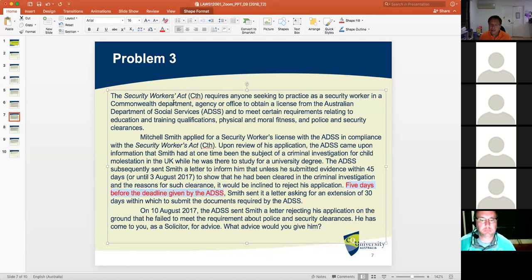But where do I see that the ADSS refused extension? Ah, very good. Is it there? No, it's not here. Okay, let's just assume I may have stated it there.